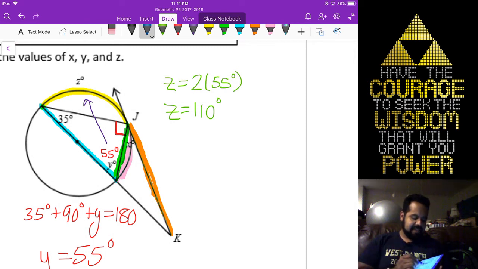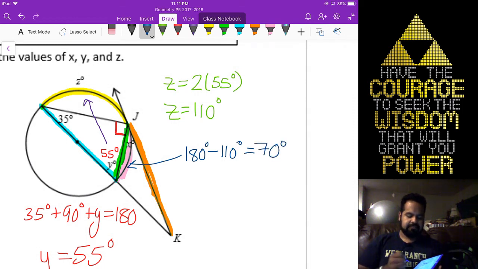So that means that the pink section is going to equal 180 minus the 110 that we calculated earlier from angle z. So that's going to give us 70 degrees. So now going back to angle x, x is going to equal 1/2 of that arc, which is 70. So therefore x equals 35 degrees.